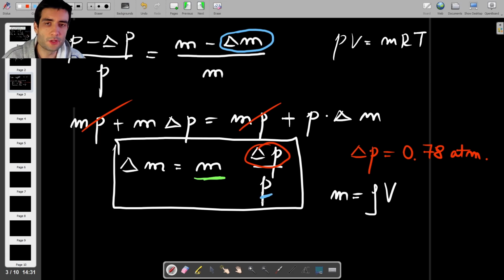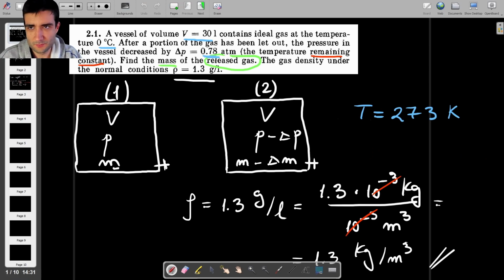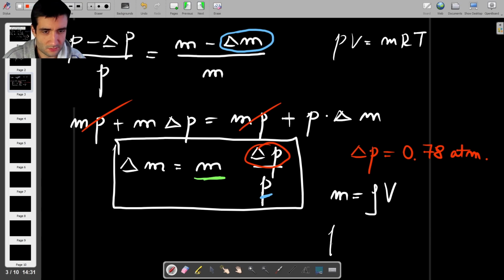The pressure in the denominator can be inferred by reading the question more carefully. The gas density under normal conditions is that. When the problem says normal conditions, that typically means normal atmospheric conditions at sea level. So P is 1 atmosphere or 10 to the power 5 pascals.